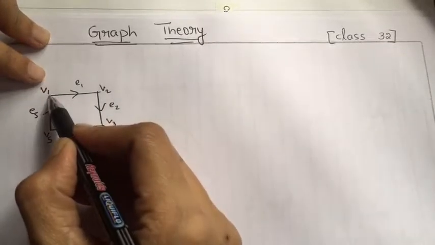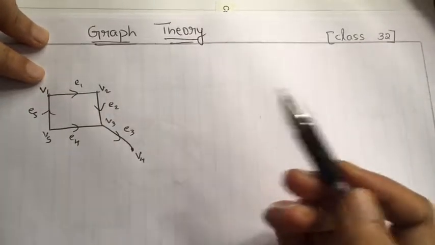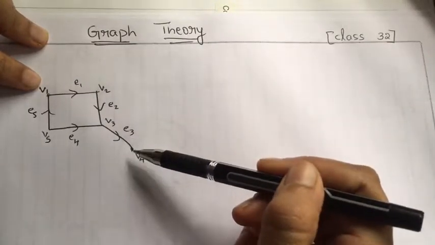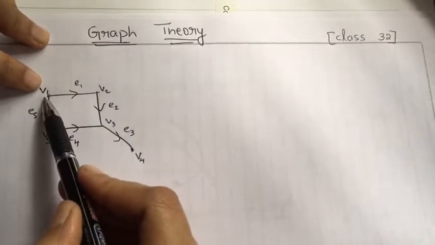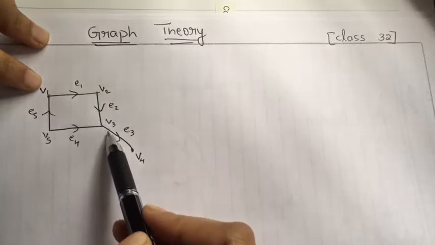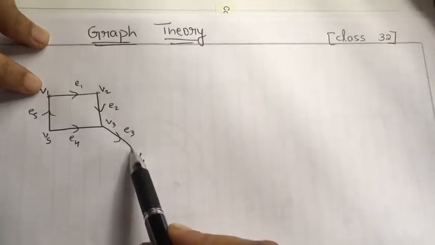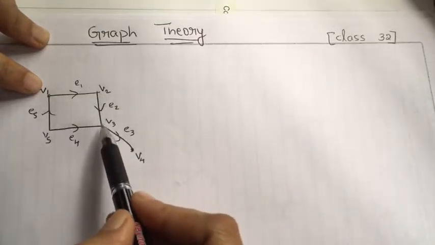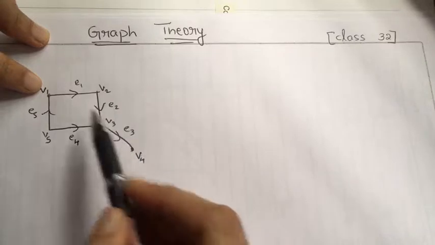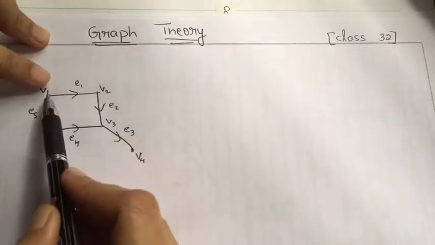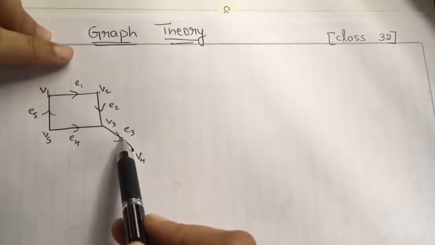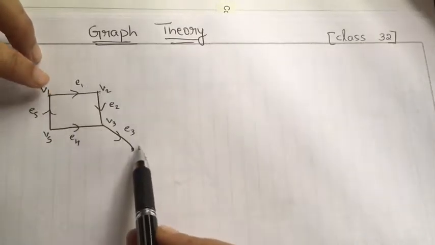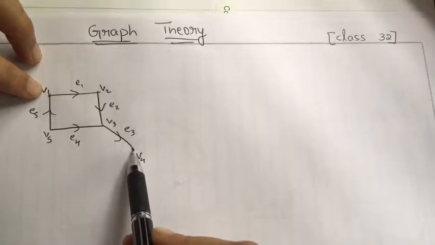When I consider these two vertices, suppose from V1 to V4, if I have to walk, then I'll take this direction and this way I'll reach it, or else I can take it like this also. So I can say there are two paths, meaning a sequence of vertices and edges, along which I can reach from V1 to V4.